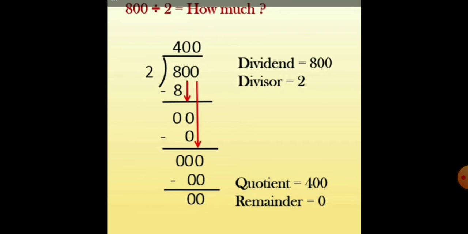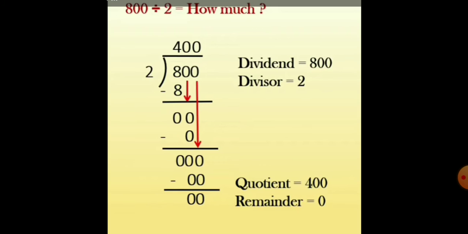So again 0 doesn't come in any of the tables. So what I will do, 2 zeros are 0. So again my 0 minus 0 is 0. So my remainder is 0. So my quotient is 400. So you can see on the right hand side, the dividend was 800, the divisor was 2, the quotient I got is 400 and the remainder I am left with is 0.